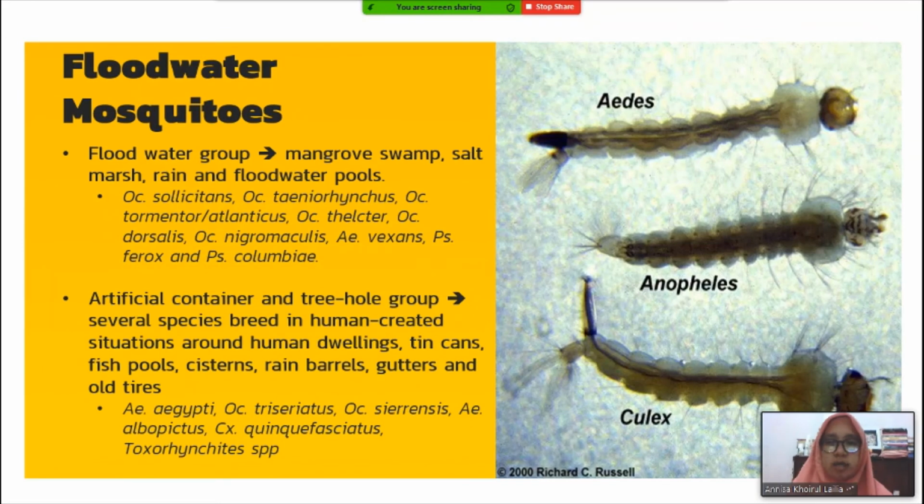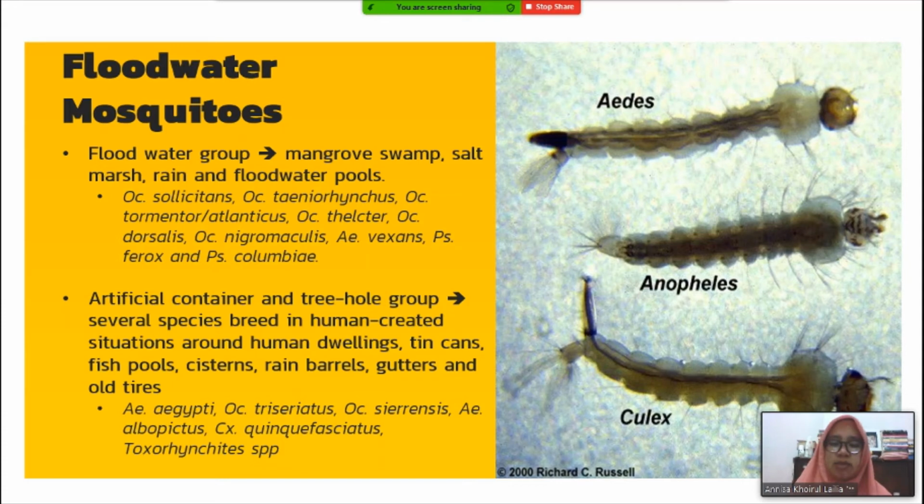And how about the floodwater mosquitoes? The floodwater mosquitoes can be divided into floodwater groups and artificial containers. So the floodwater groups usually are mangrove swamps, salt marshes, rain, and floodwater ponds.